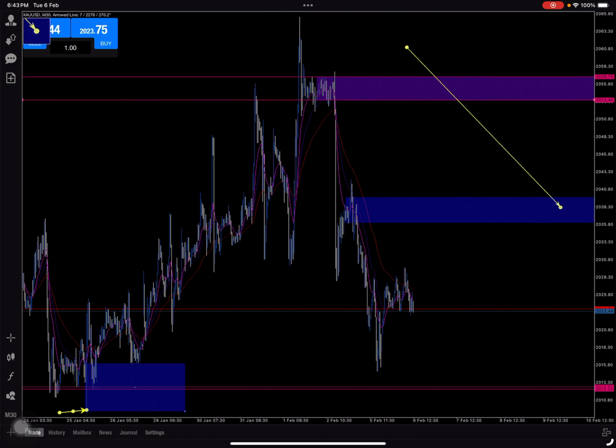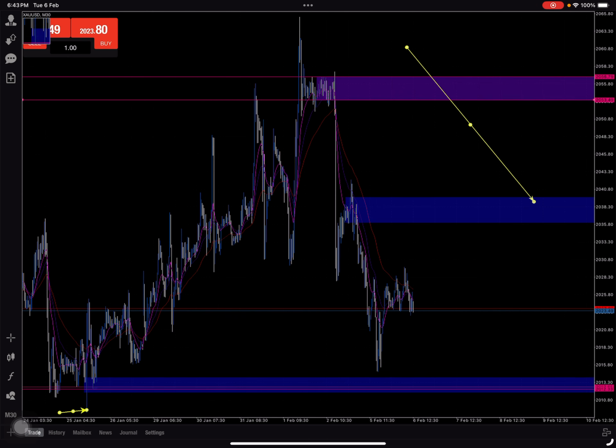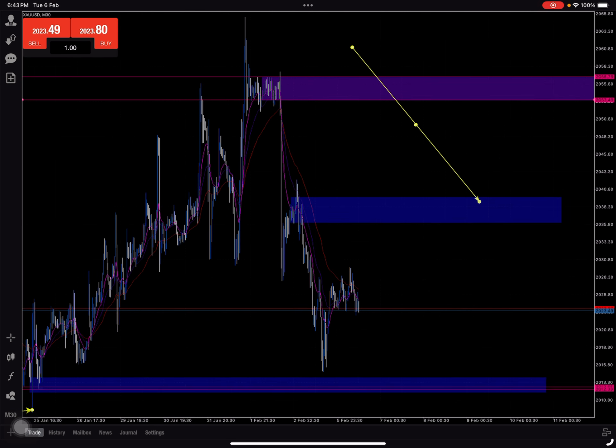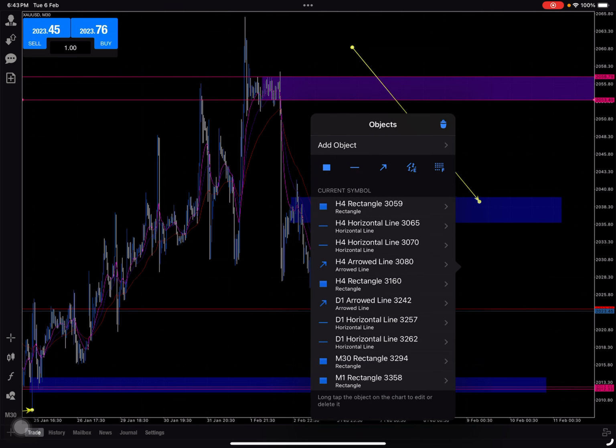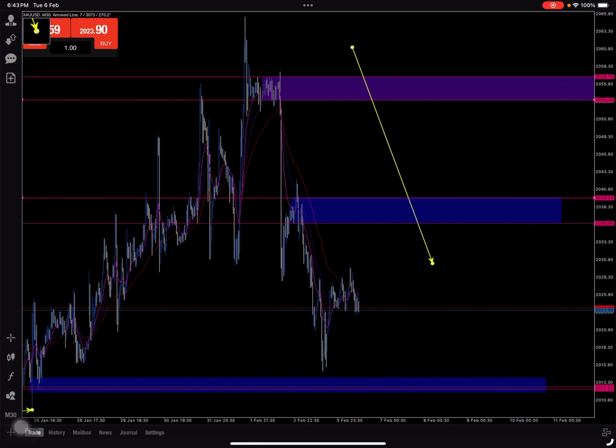A sell at 2038. So I just have to wait approximately 80 to 100 pips for me to start trading, or 80 to 100 pips above for me to start trading.